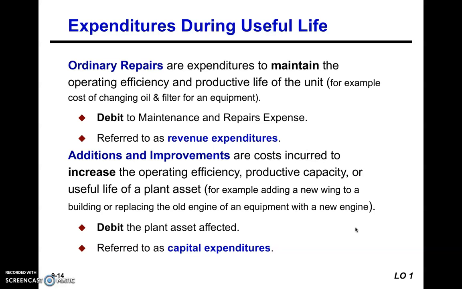Now, if the money that we spend is for increasing the operating efficiency, productive capacity, or life of that plant asset, then we call those capital expenditures because they are really an asset.